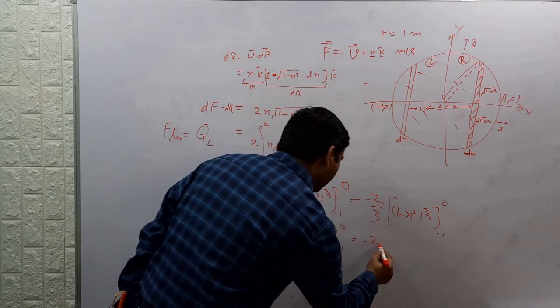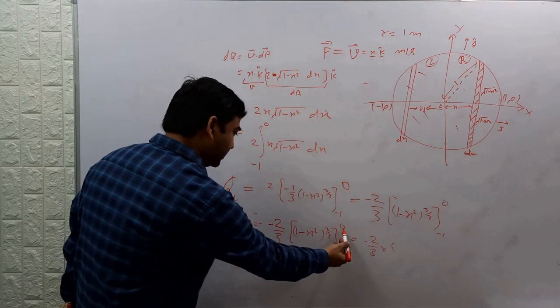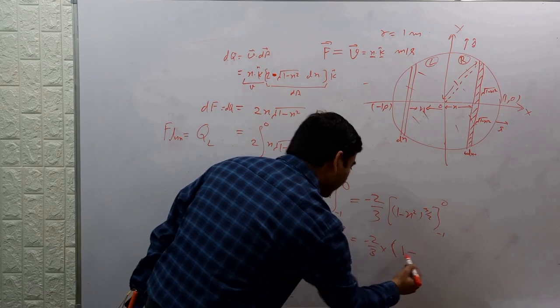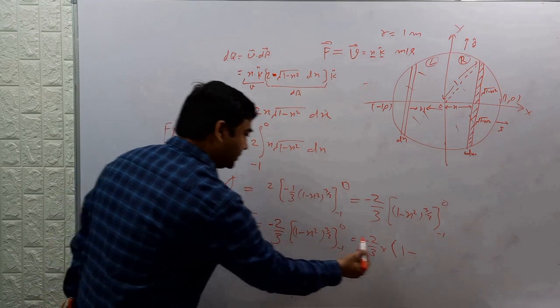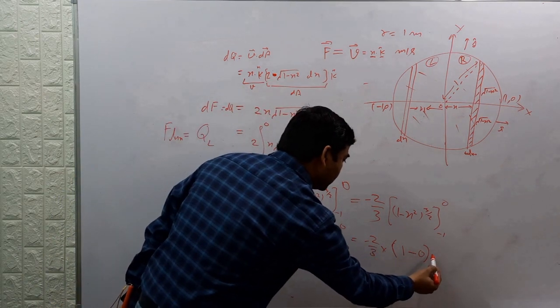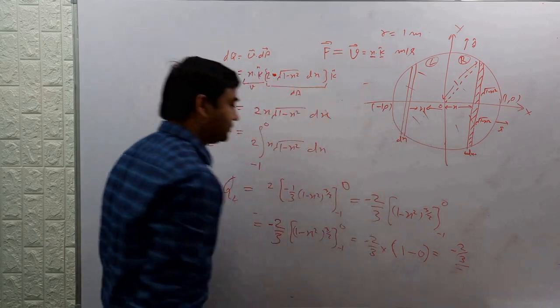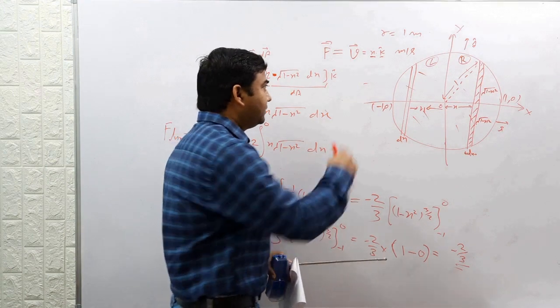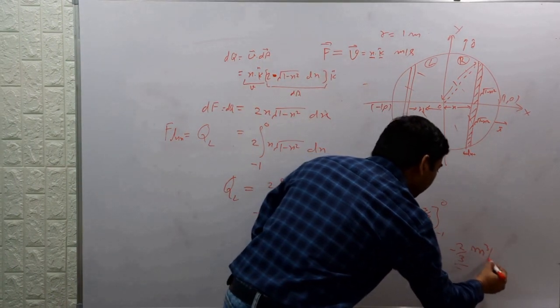And this is minus 2 by 3 into, put 0 here, this is 1, minus, put 1 here, this is 0. So this is minus 2 by 3. So here we have got minus 2 by 3, and if we assume these units, it will be meter cube per second.